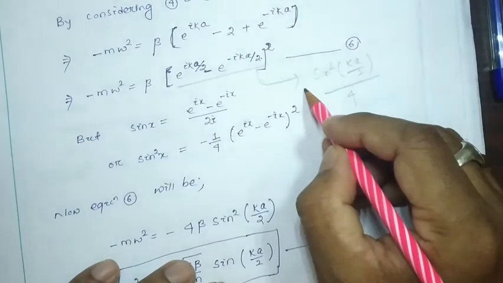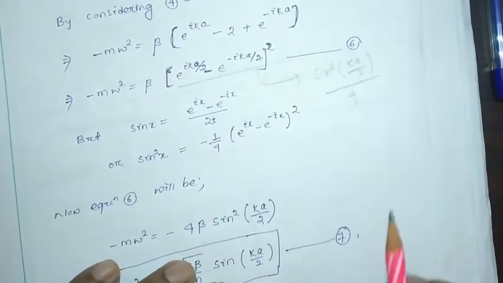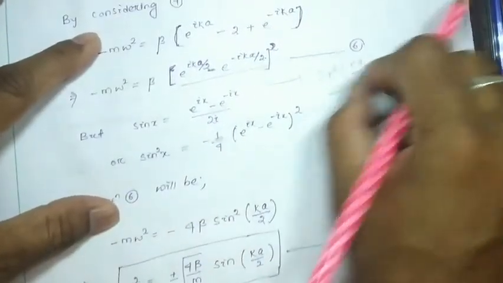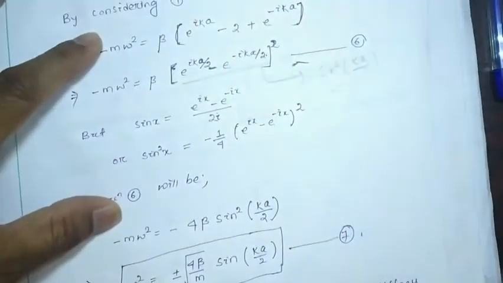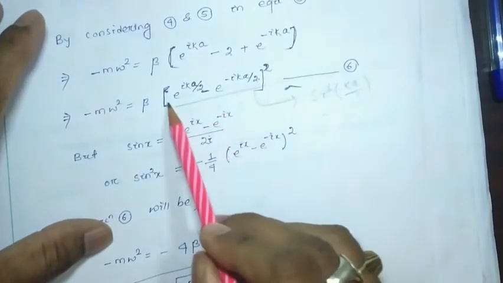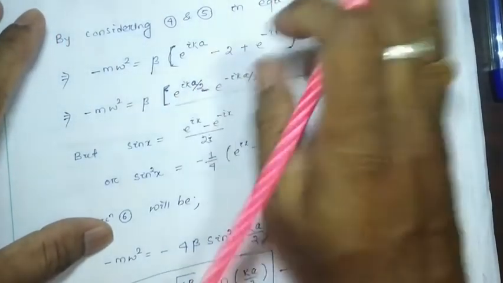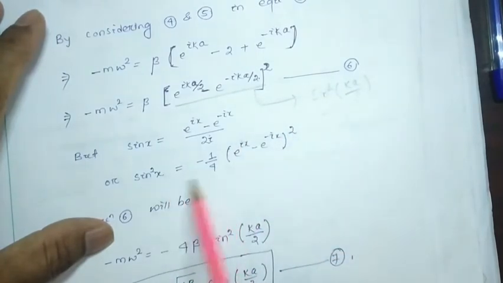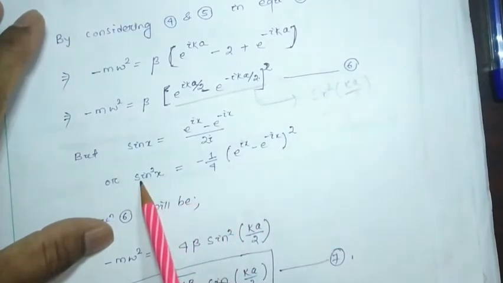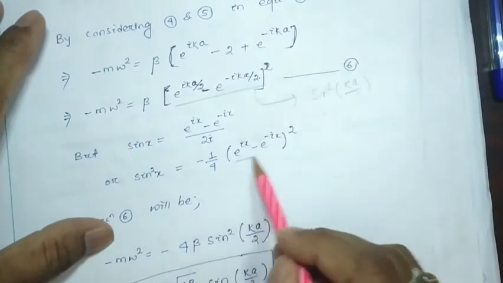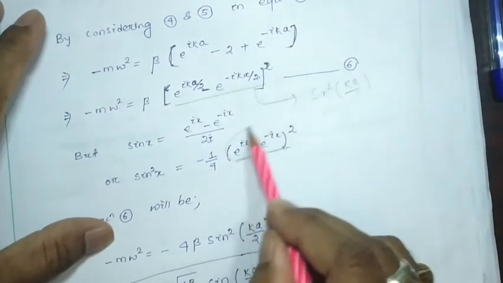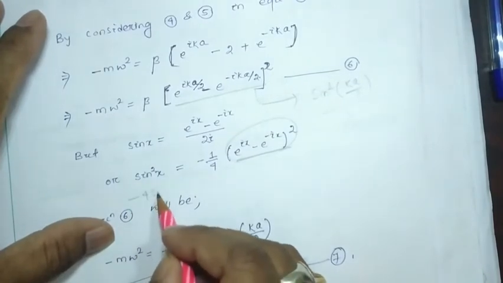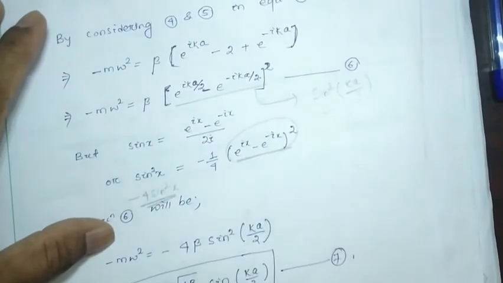Sorry, I am making a simple mistake. Actually this value will be nothing but 4 minus 4 sin square x. So this value will be minus 4 sin square x.